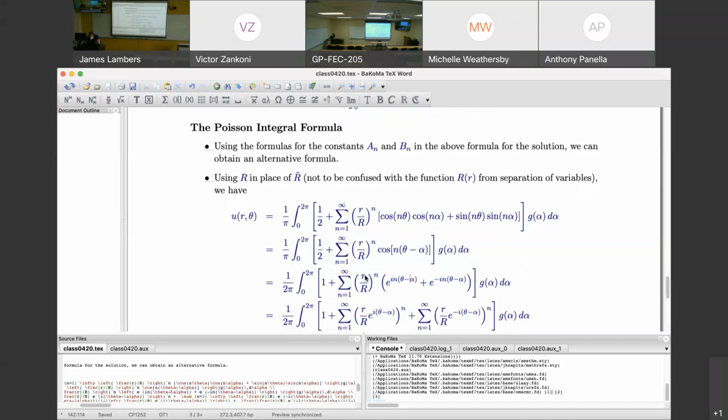So here I have little r over big R times e to the i times the quantity theta minus alpha, all raised to the n power. And similarly for the other term with a negative in the exponent. So now I have 1 plus this series plus this series.